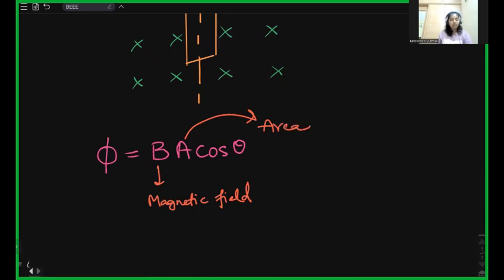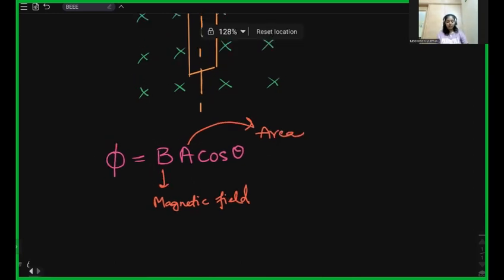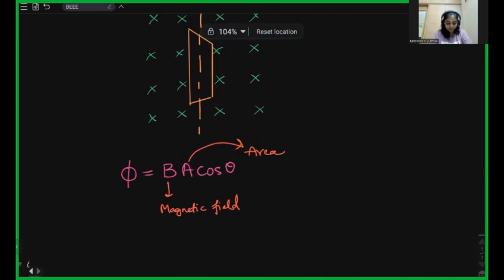Theta is the angle at which the coil is rotated. When the coil is straight, theta is 0, and cos 0 is 1, so the magnetic flux is given by B into A. As theta keeps increasing, cos theta keeps decreasing, and the magnetic flux keeps decreasing. So this is how we are going to calculate magnetic flux.